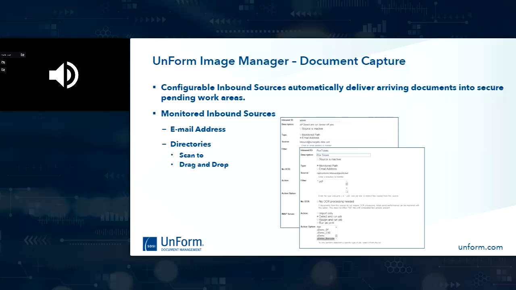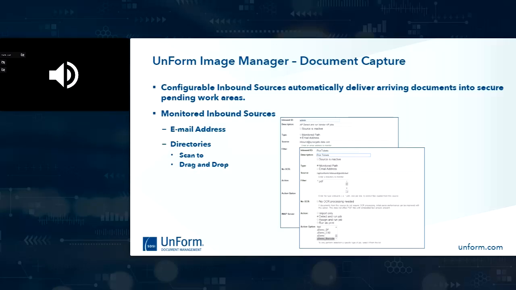Image Manager, again, that's our document capture piece for non-UnForm generated documents. Again, we can monitor various inbound sources, which could be an email address or a directory. So you could scan to a directory or drag and drop documents into it. In the email box, they could be coming directly in, or you can set up email addresses to forward documents to.